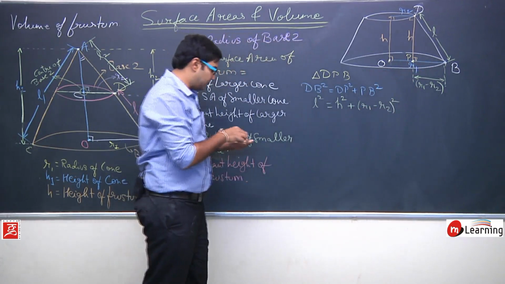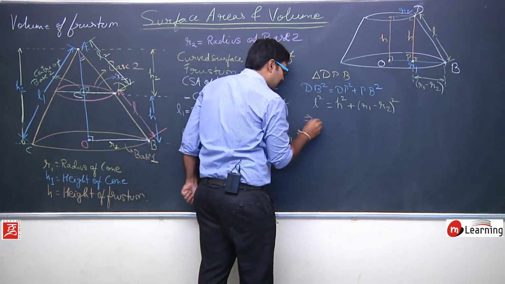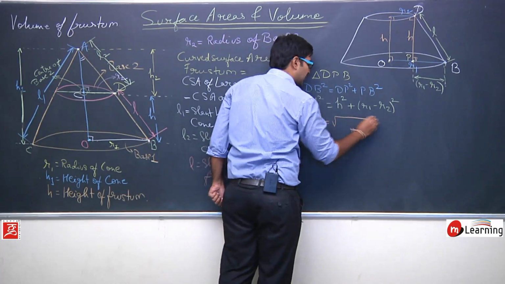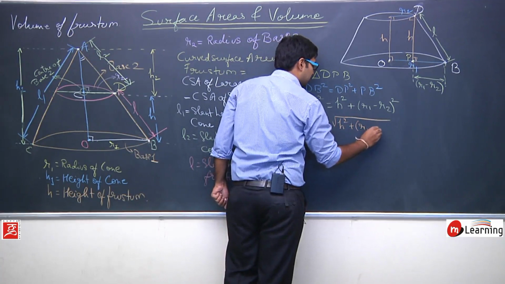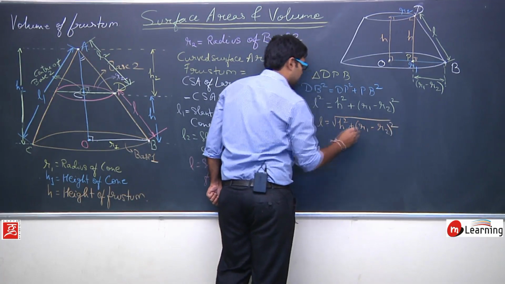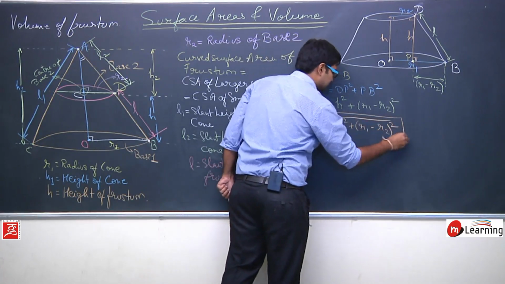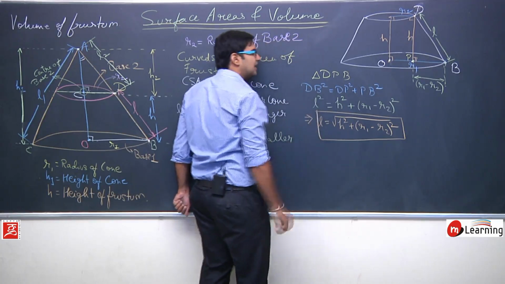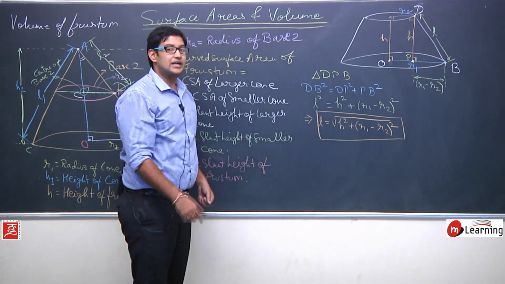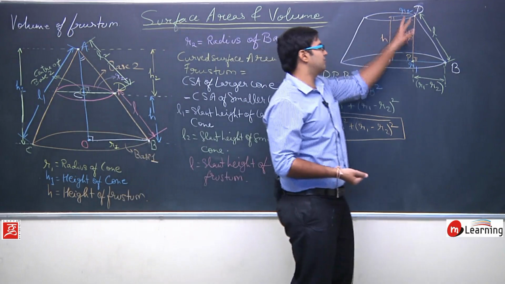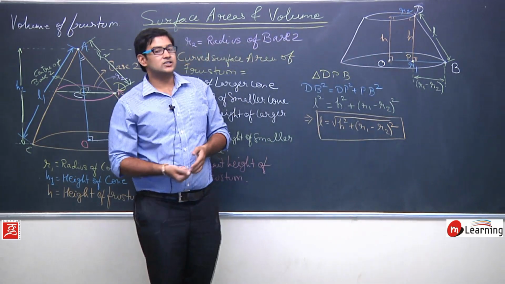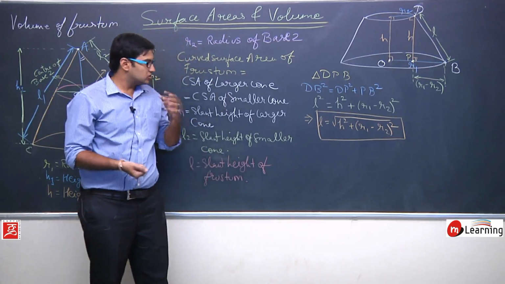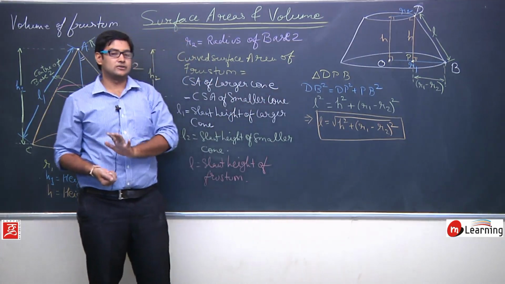Simple. And from this I can get L is equals to square root of H square plus R1 minus R2 whole square, and this represents the slant height of this frustum in terms of H, R1 and R2, that is the height of the frustum and the radius of base. So we have the length of slant height.